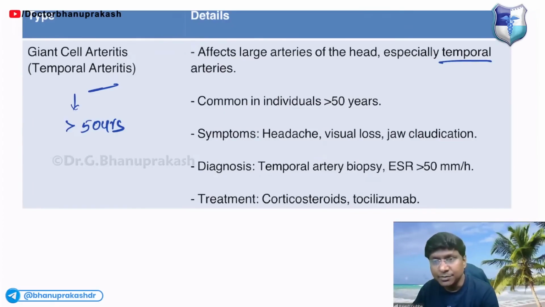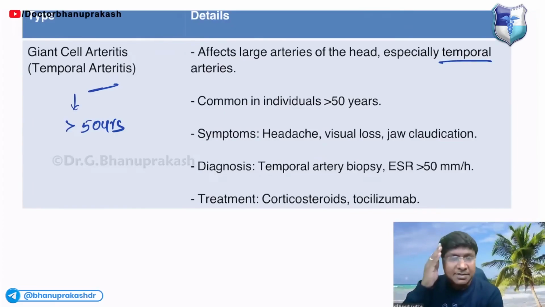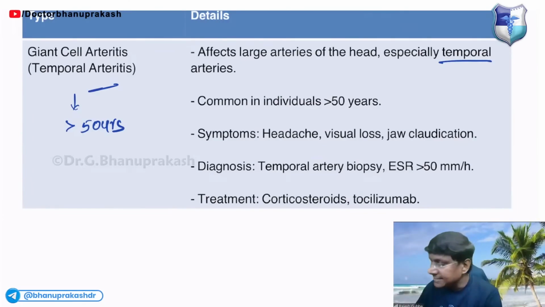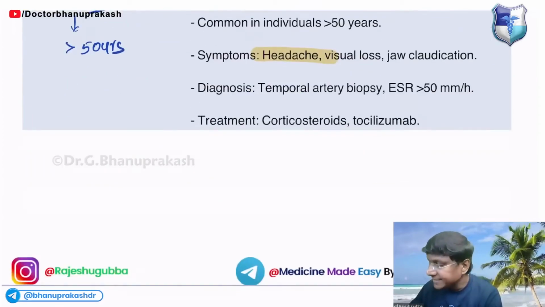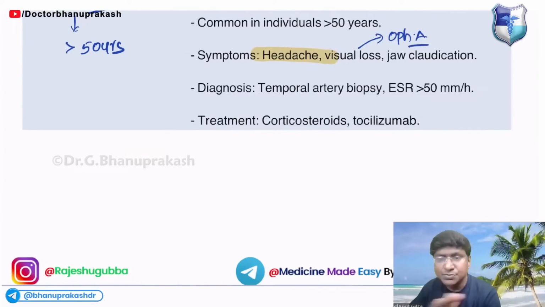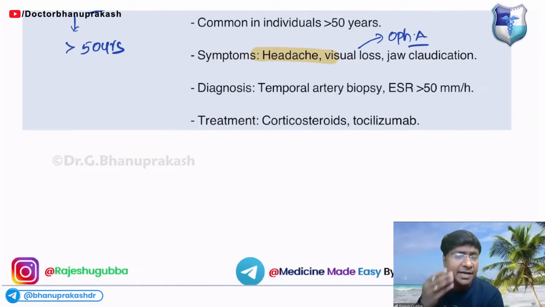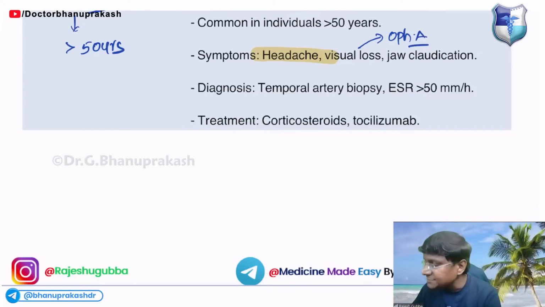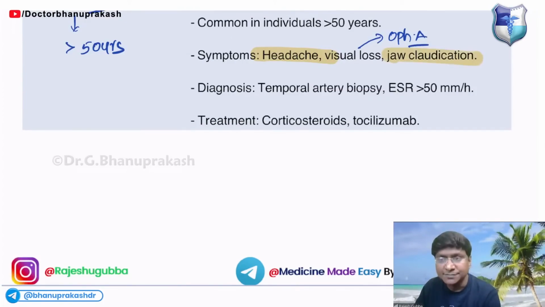The temporal artery will be inflamed and very tender to touch, and these patients will have headache. Due to the involvement of the ophthalmic artery, these patients will have visual loss. And due to the involvement of the temporal artery, the blood supply to the muscles of mastication will be compromised, and thereby these patients will have the jaw claudication.